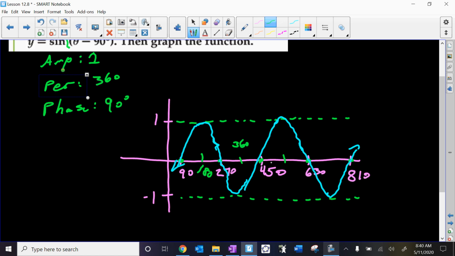Continuing forward, 450 plus 630, divided by 2, is going to get you 540. And then 630 plus 810, divided by 2, is going to get you 720. Those would be all the important parts for your sine function.